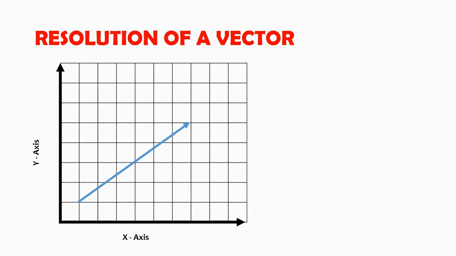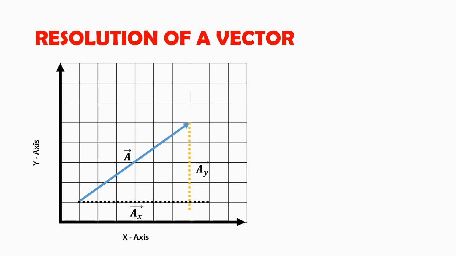You need to name them, just like we are naming this vector as vector A. After drawing the vector A, you need to draw a parallel line to the x-axis by using the origin of this vector. That would be named as AX. And a parallel line to the y-axis by using the head, or the terminal, of the vector. That would be named as AY.